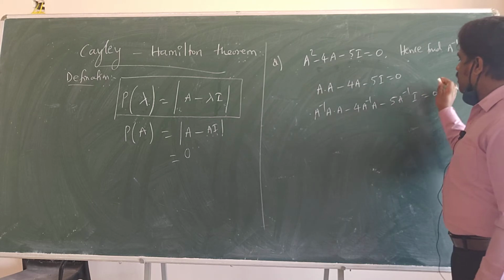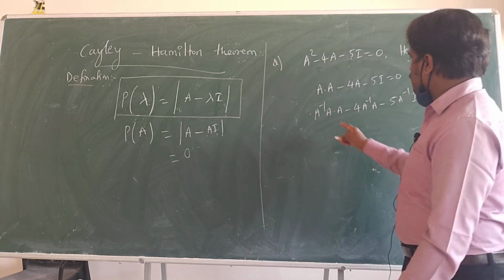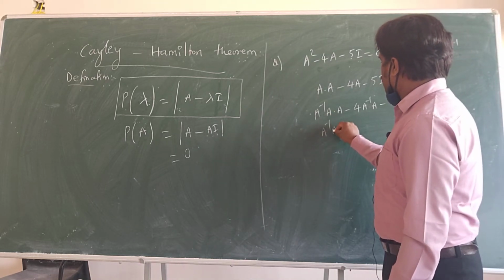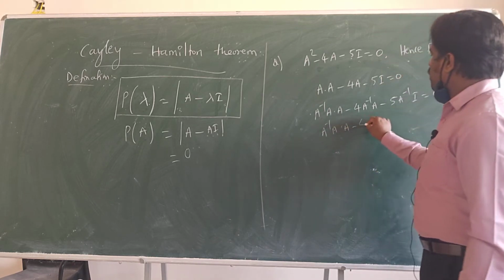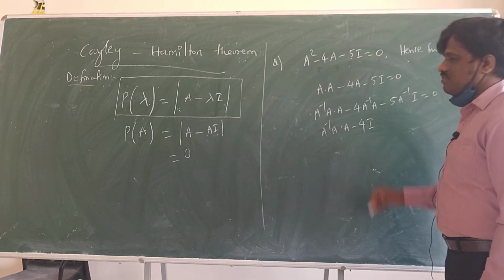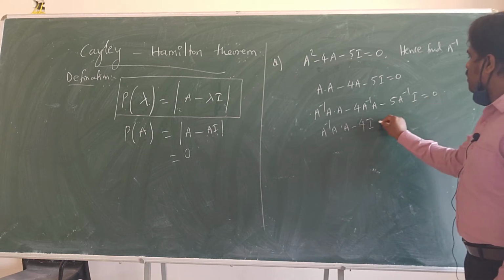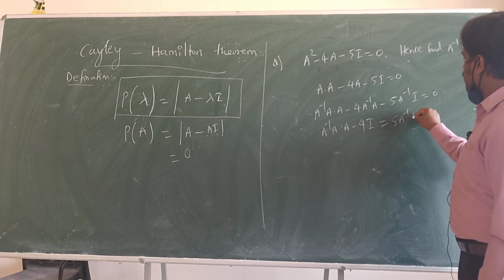A inverse A into A minus 4 A inverse A minus 5 A inverse I is equal to 0. Send the 5 to this side: A inverse A into A minus 4 A inverse A is I, and this side I get 5 A inverse I.